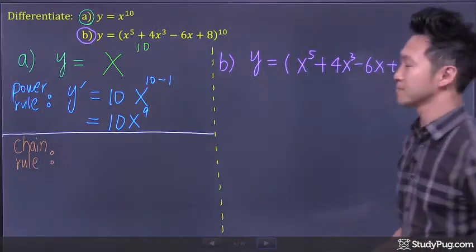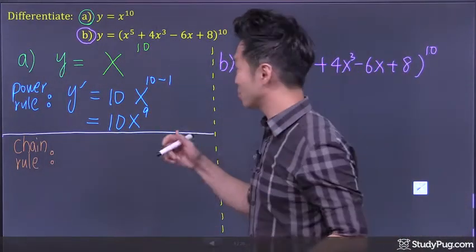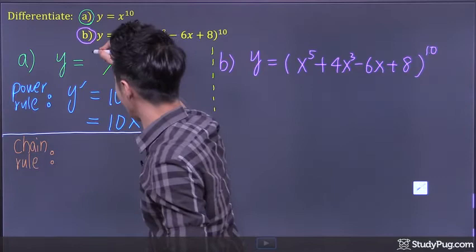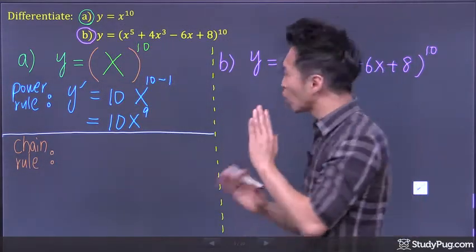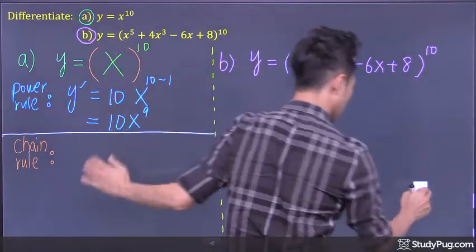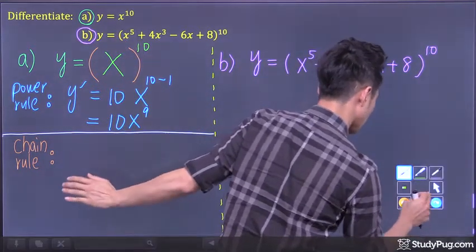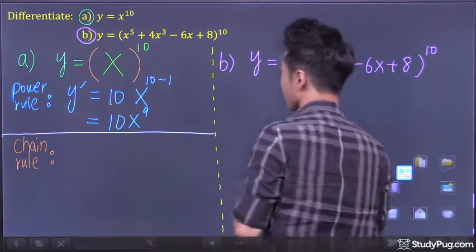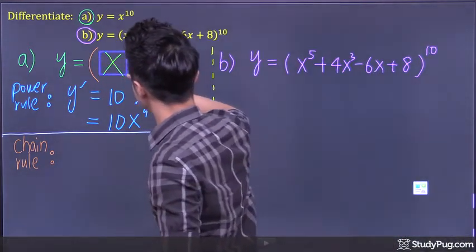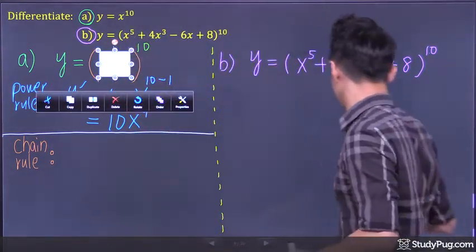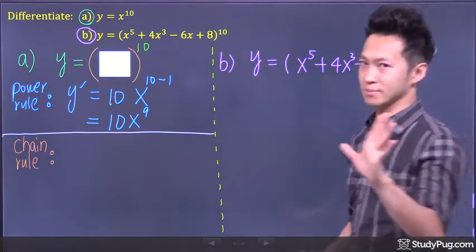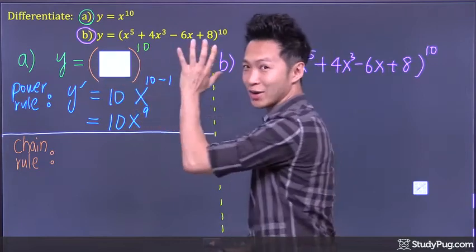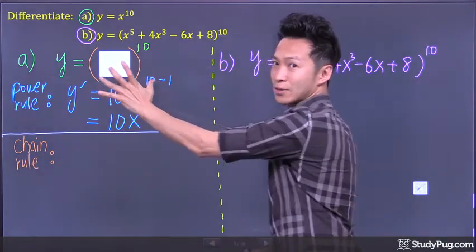So now, let's use the bracket technique. So I'm going to bracket the variable x. In fact, at this point, I don't even want you to see the thing inside the bracket. You know what? I'm going to block it so you cannot see it. Yeah, let me block it. Good. So now you cannot see the thing inside the bracket, okay? Because I want you to focus on the bracket.